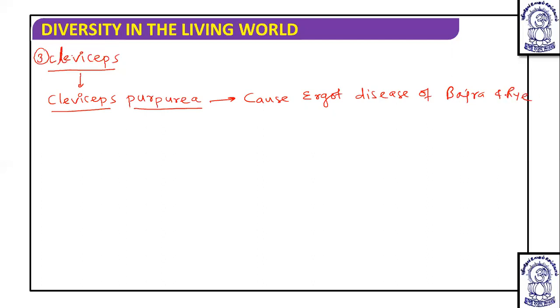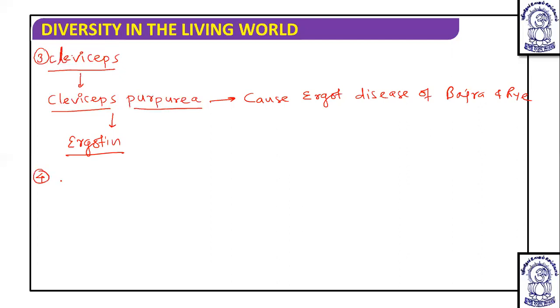And this fungus releases a substance known as ergotin. And it is known that if ergotin is eaten by a pregnant lady by mistake, she may undergo miscarriage or expulsion of the fetus can occur.